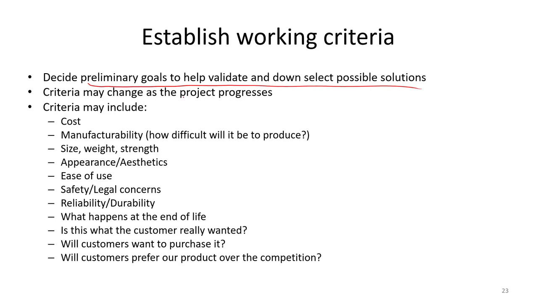These criteria may change as the project progresses, but notice there's a lot of different criteria we might be thinking about. Depending on the customer's needs, cost might be a big one, manufacturability, size, weight, strength, appearance, aesthetics, ease of use, and so on. So there's many possible criteria that we need to think about in our design.